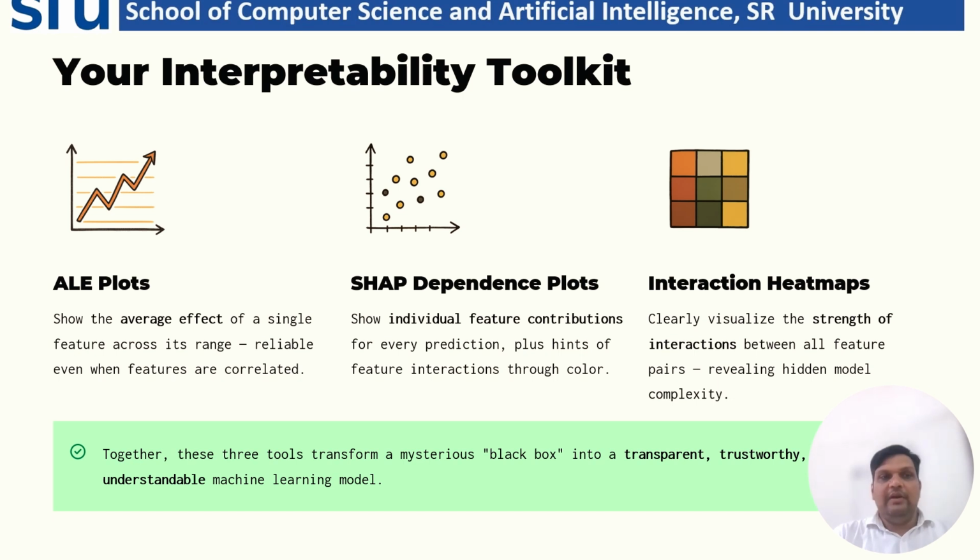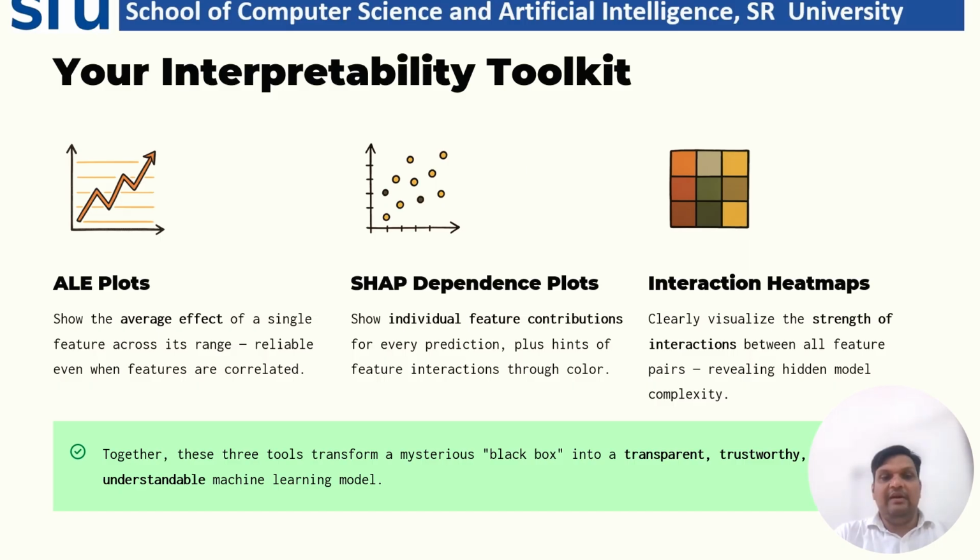So, the interpretability toolbox. ALE plot: here, this is an ALE plot. It shows the average effect of a single feature across its range. It is reliable when features are correlated. SHAP dependence plot shows each individual feature's contribution for every prediction, plus hints of feature interaction through colors.